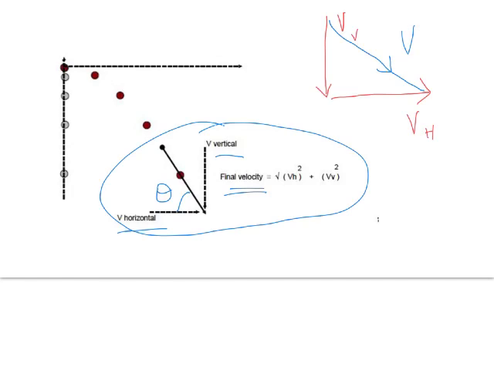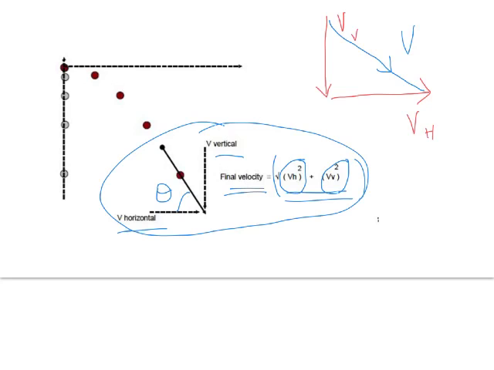Now, you would never be asked to draw that to scale, but you can use simply Pythagoras to work it out. The square of the horizontal plus the square of the vertical, square root that, the addition of both of those, and you would find your final velocity.